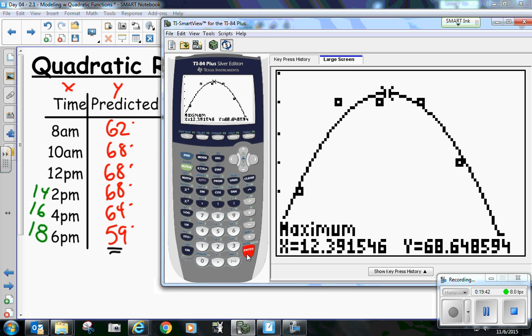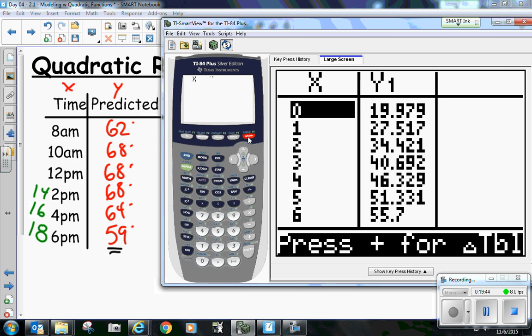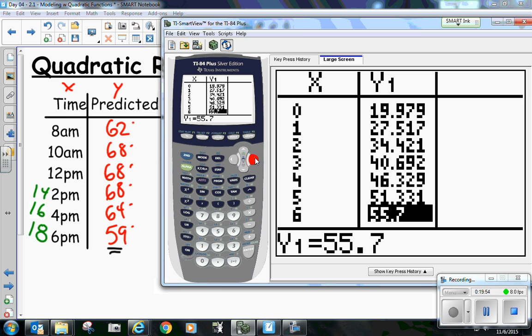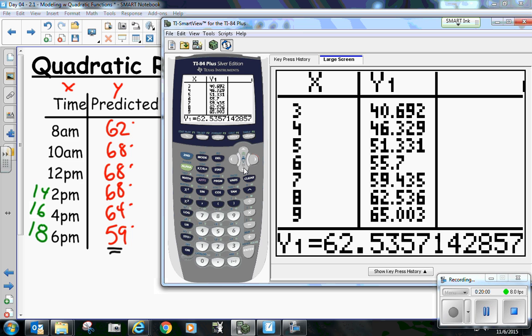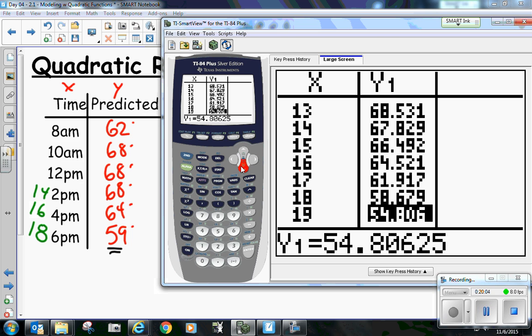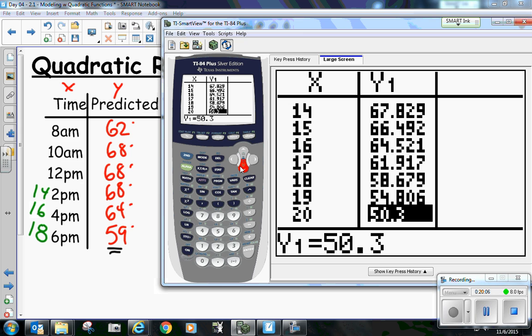Now, do you think this is a good model for the day? Let's look at our table. If it was 6 a.m., the temperature was probably 55 degrees. What was the temperature at 8? What will the temperature be at 8 p.m.? Maybe 50 degrees.